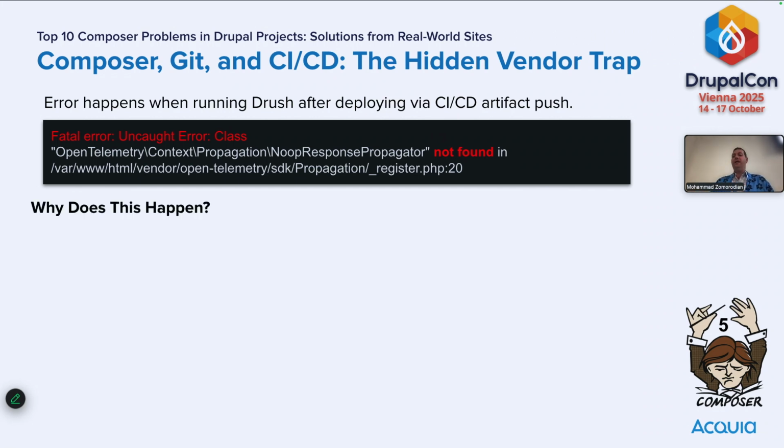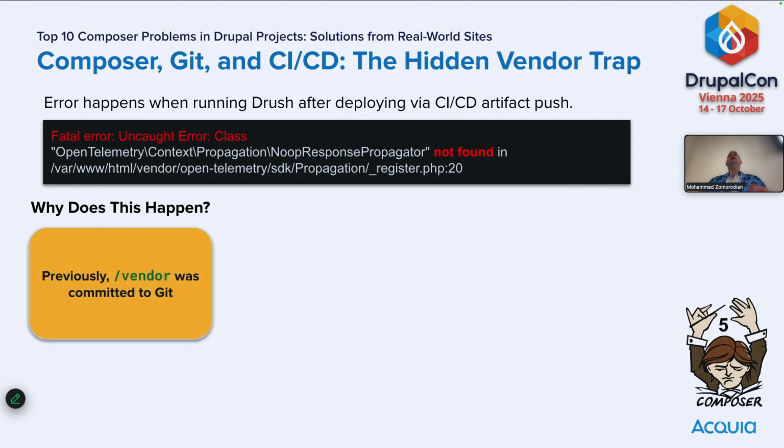Why does this happen? It happens because the developer was previously using Git to commit the vendor directory to the repository when pushing to the dev or production environment.